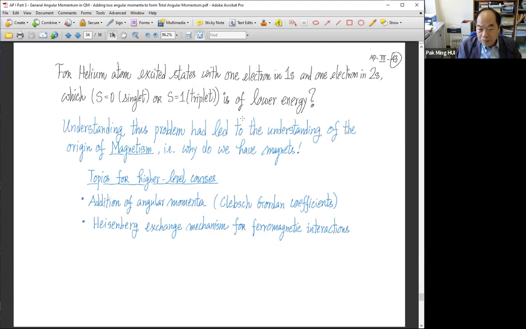So I would stop this discussion on adding two spin up to this point. But this page is meant to point to the higher level topics for some of you who want to learn a little bit more. Okay, then the first thing is that it is closely related to magnetism. And there is a field coming up in applications called spintronics. That is to go with electronics.